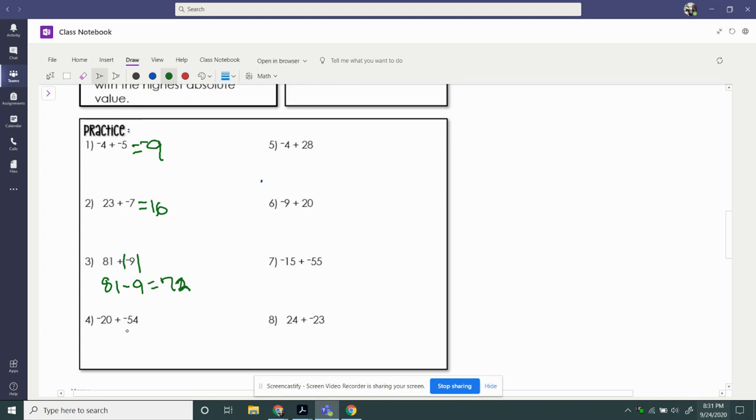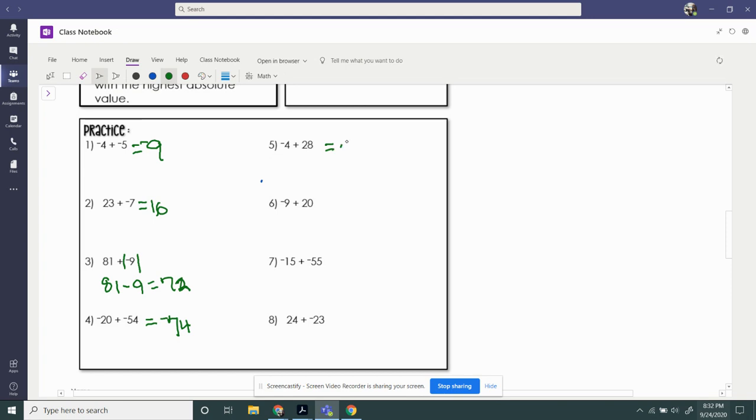We have negative 20 plus negative 54. A negative plus a negative will still be a negative, and it will be negative 74. Here we have different signs, which means we subtract and keep the sign of the larger number. So 28 minus 4 equals 24.